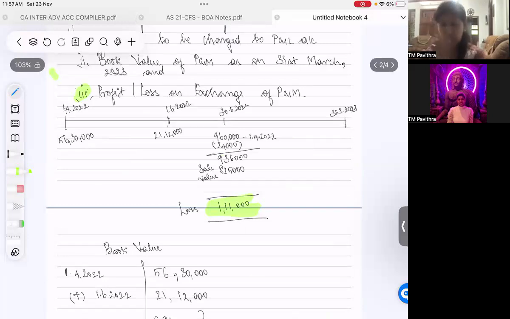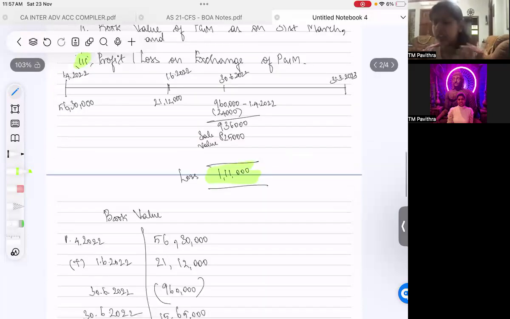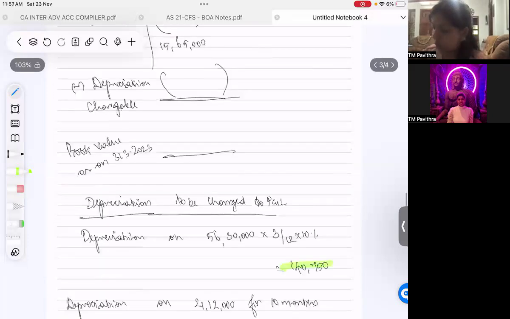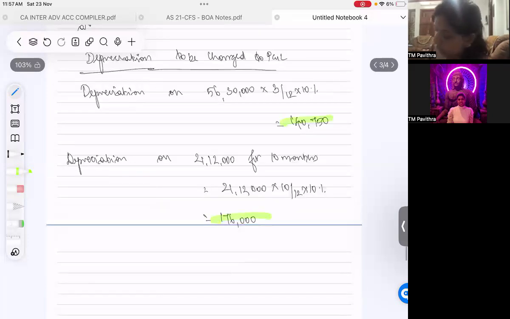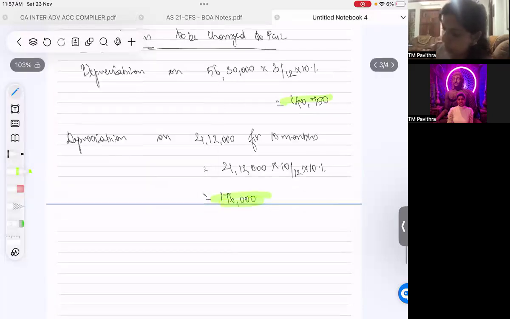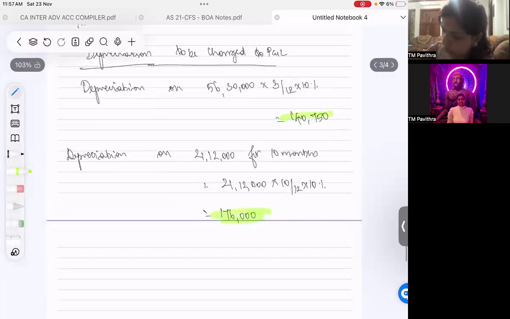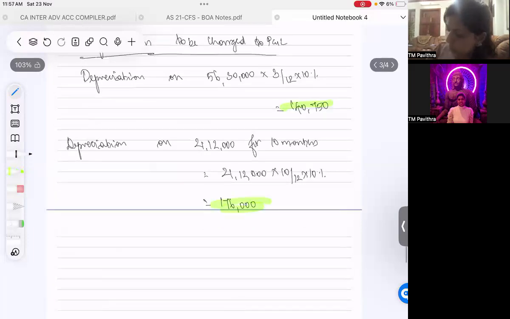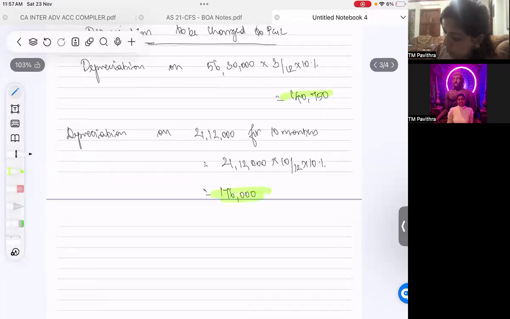And also it so happens that on the date which is 30/6/2022, we have some additions and we also have some deletions. Let us quickly arrive at the value of the book value of the machinery on the said date, and quickly find out the depreciation thereon. The value is 56 lakh 30,000.